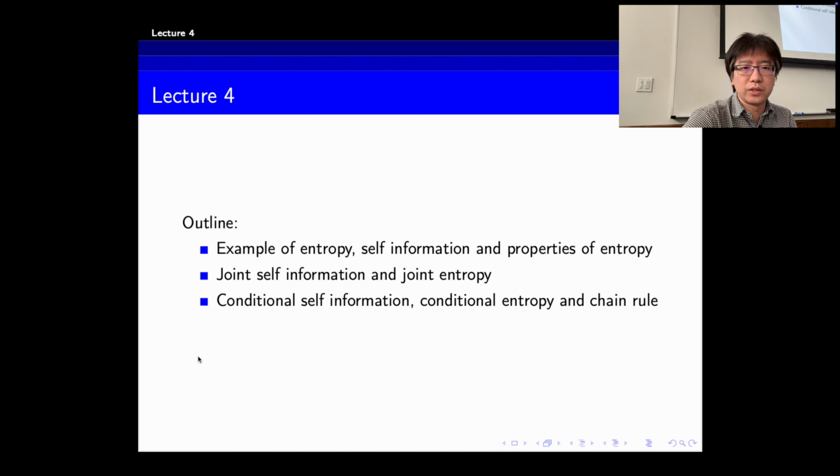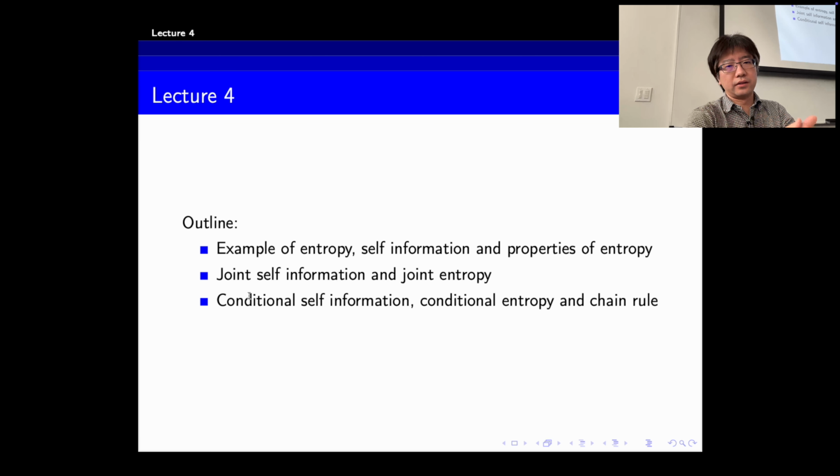After that, we introduced the concept of joint self-information and joint entropy. The idea to define joint self-information and joint entropy is pretty much the same as that for self-information and entropy. The difference is that instead of considering only one random variable, we consider more than that.